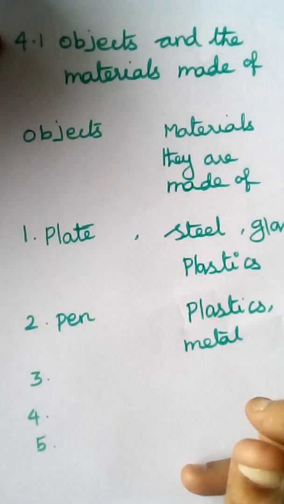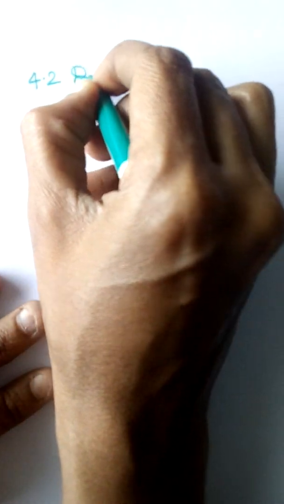Next, what are the different types of objects that are made of the same material? Next, Table 4.2.